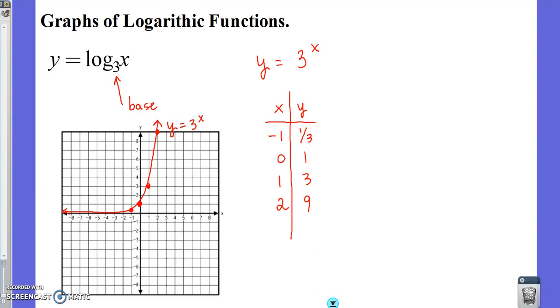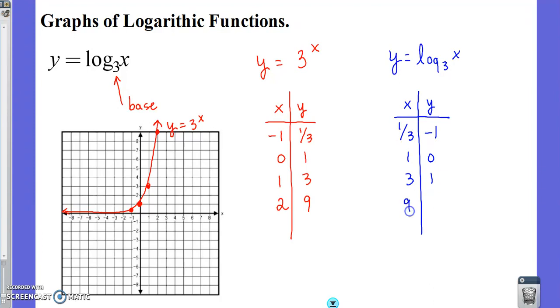Now what a logarithmic function does is exchange your x and your y around. So all it does is take those points and flip them. So the graph of y equals log base 3 of x takes the points that we just graphed and flips them to 1/3, -1; 1, 0; 3, 1; and 9, 2.